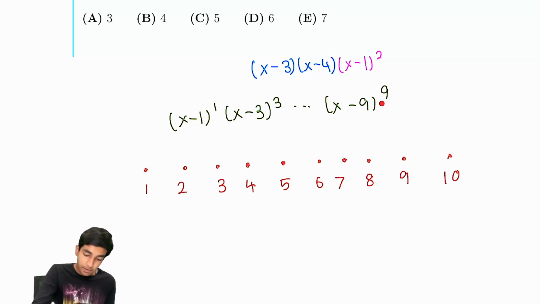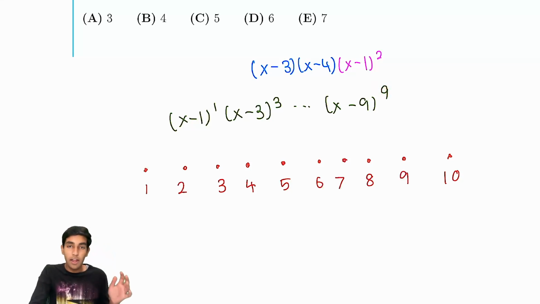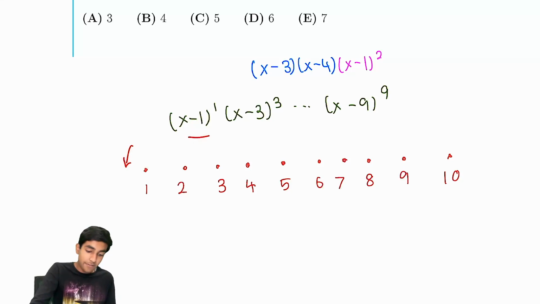And the key thing here is that because it's an odd power, it's the same thing as just saying it's to the power 1, because the even powers, like the 8th power, are not going to change the sign. So if it's less than 1, we have 5 negatives. That means it's going to be negative.